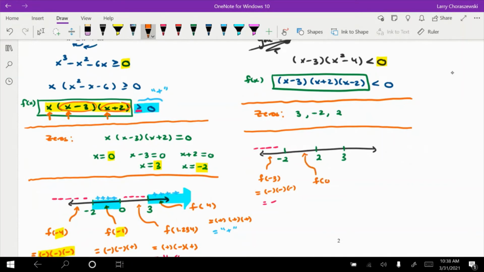Now a number I chose from -2 to +2 was 0. That would give me a negative first factor, a positive second factor, and a negative third factor, and all that results in a positive.